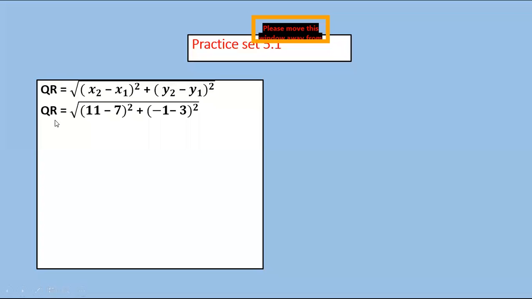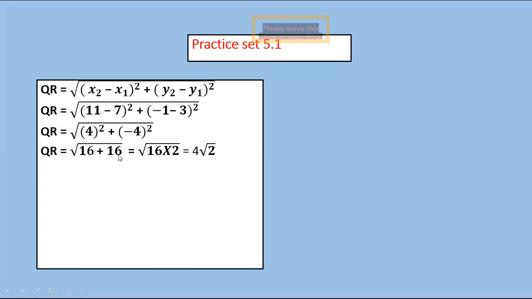Substitute the values. QR is equal to square root of (11 - 7) square plus (-1 - 3) square. 11 minus 7 is 4, square, plus (-4) square. Square root of 16 plus 16 is equal to square root of 16 multiplied by 2. Taking the square root of 16 is 4. 4 square root 2 is the distance QR, or length of side QR.